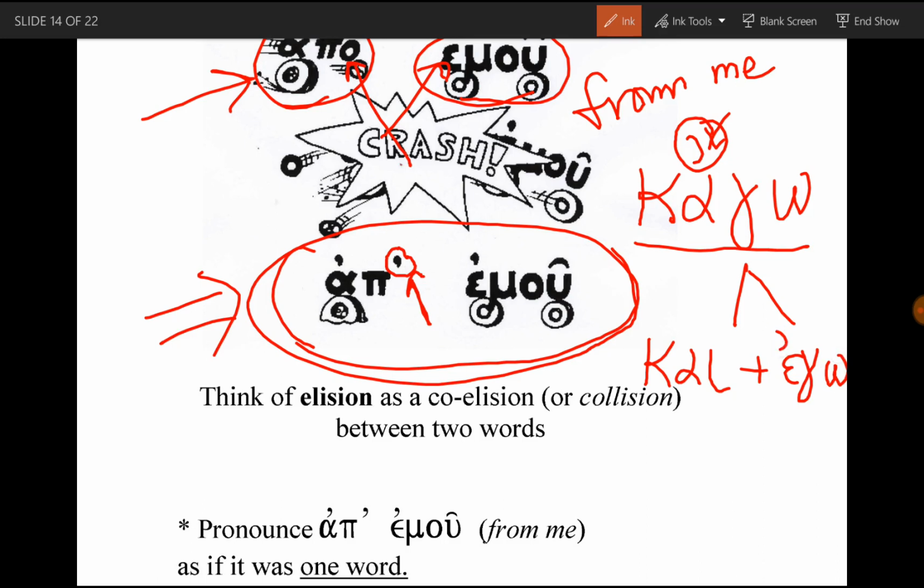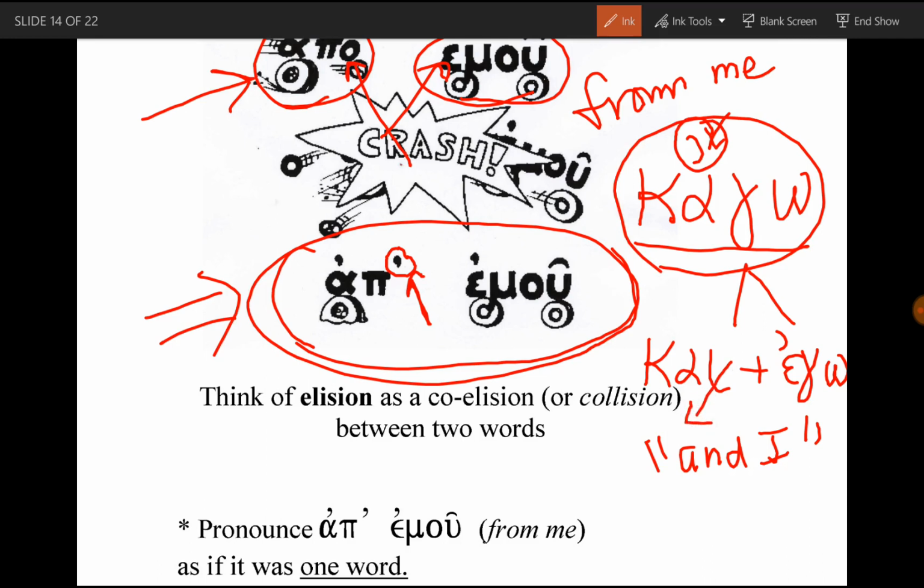So originally it was kai ego, and I. This literally means and I. But in order to say this more smoothly, rather than kai ego, they say kago. So this is kago. And what happened is that the iota dropped out, the epsilon dropped out, and to show that something was dropping out, you have this apostrophe showing up.